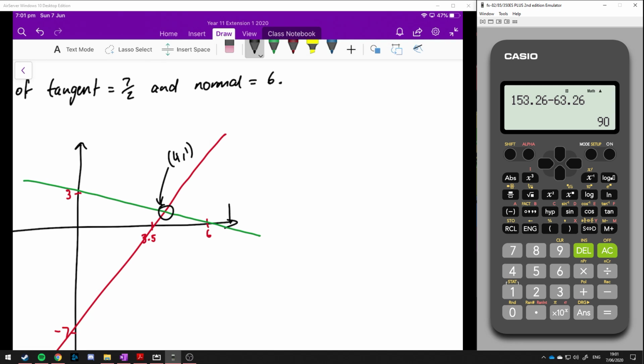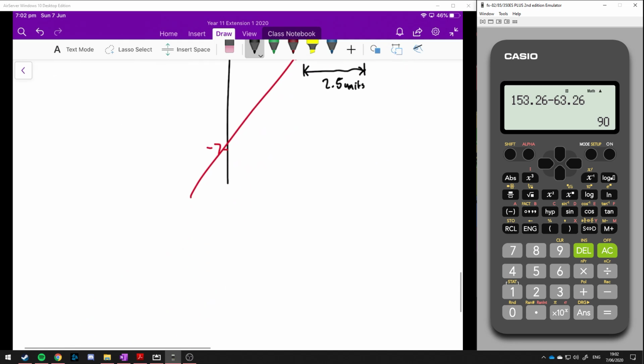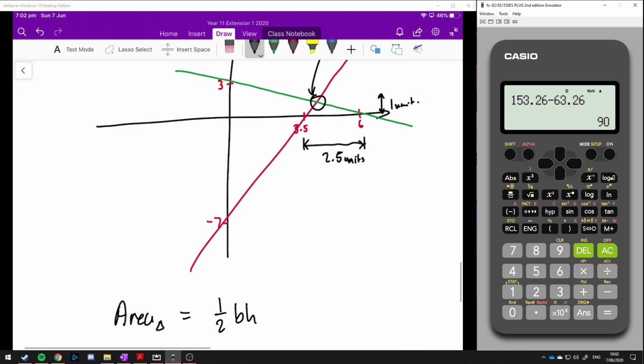Now the 1 high is the main bit, okay? We also know that this triangle is 2.5 units long. So if it's 1 unit high and 2.5 units long, we can work out the area quite easily by just using the area of a triangle, which is a half the base times the height. Nothing too tricky about this, okay?